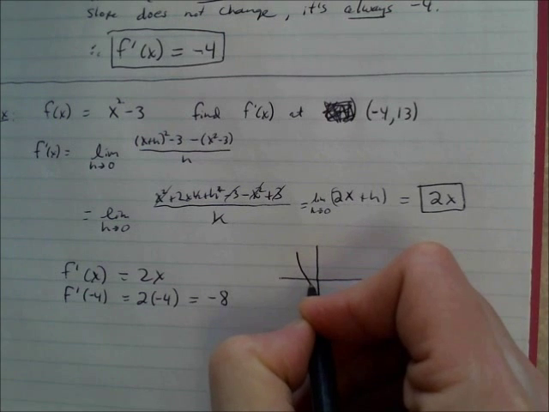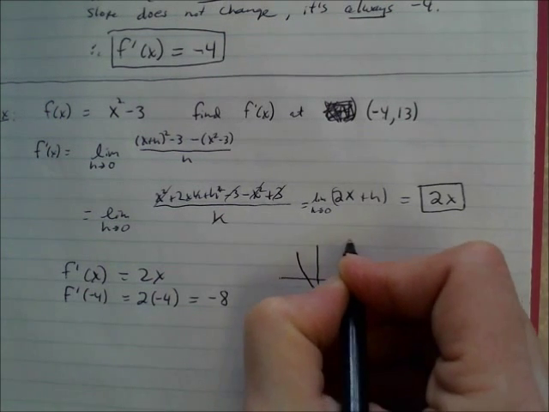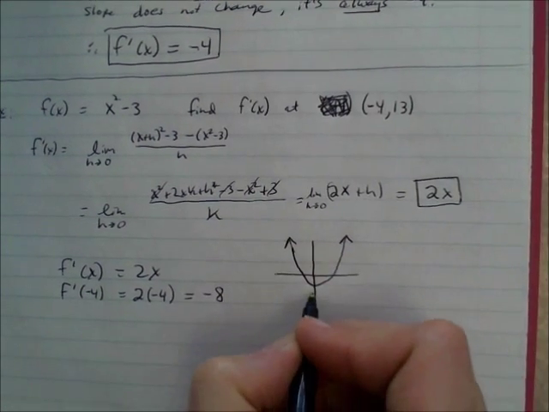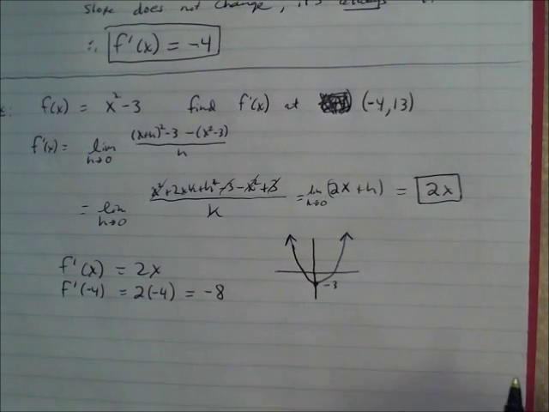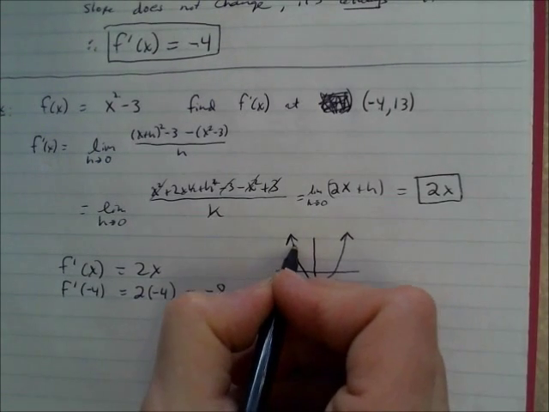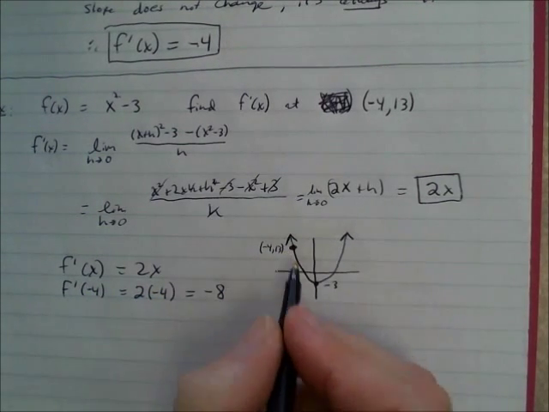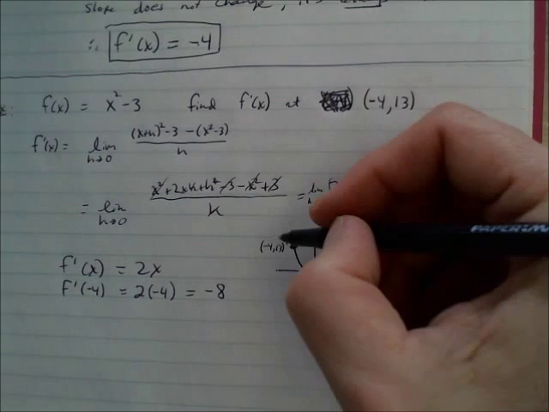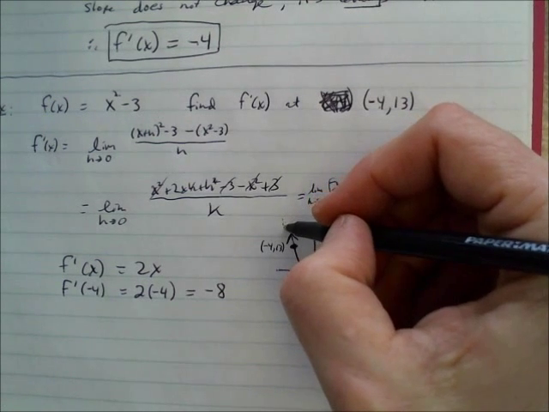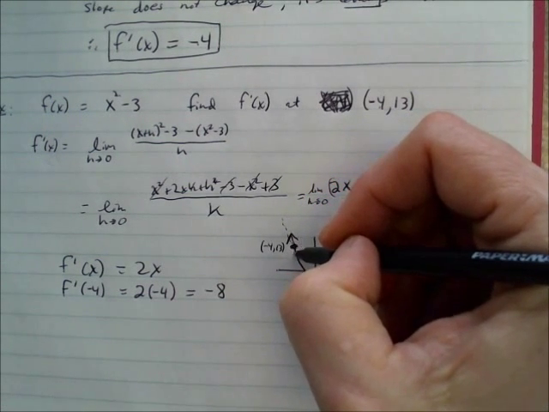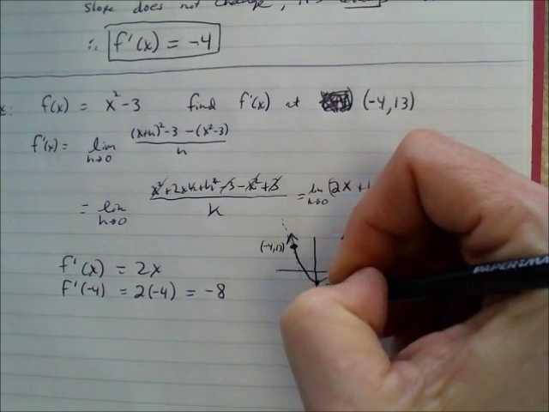Now if we do a quick sketch of this graph, y equals x squared minus 3, it's just a parabola that's been shifted down 3 units. It's got a y-intercept of -3. It has a point here that's called (-4, 13), way up here. And if you wanted to find the derivative, what you're actually finding is the slope of the tangent at that point.